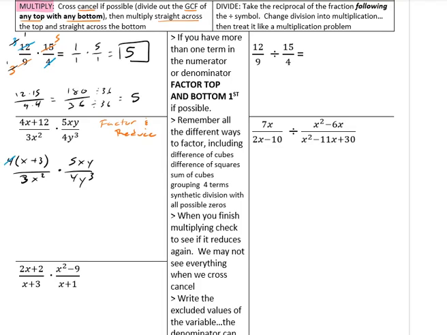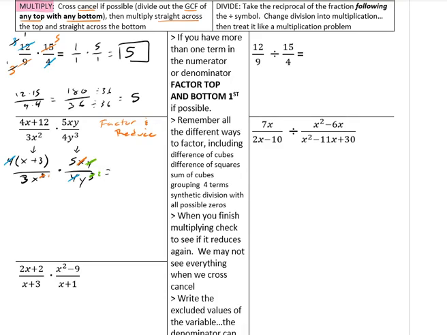This 4 can simplify with this 4. Remember, any top with any bottom. This x can simplify with one of these x's, so I'm going to be left with 1. This y can simplify with this y, so I'll be left with y squared. So multiply across, I have a 5 left.